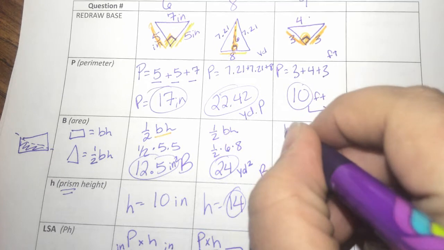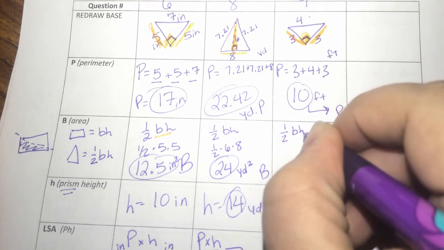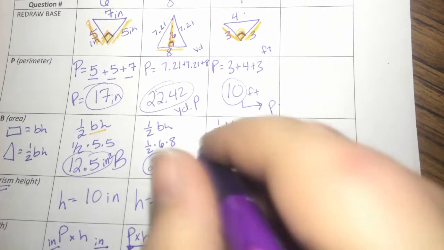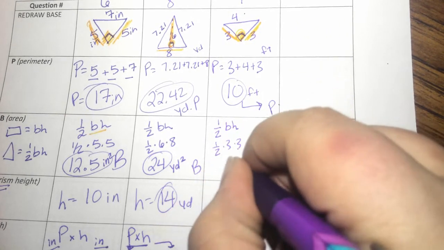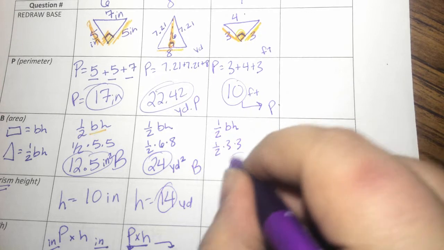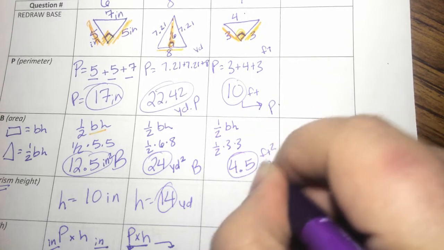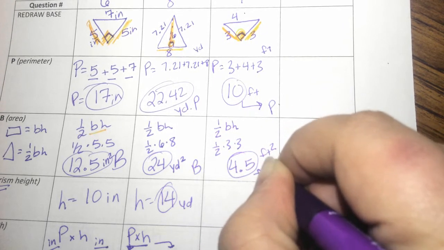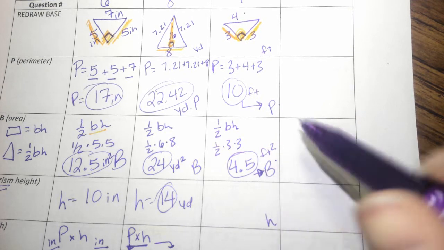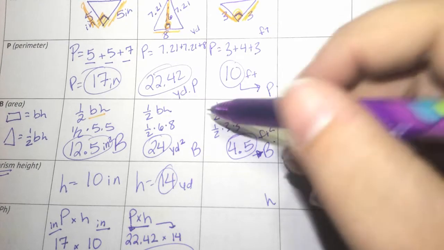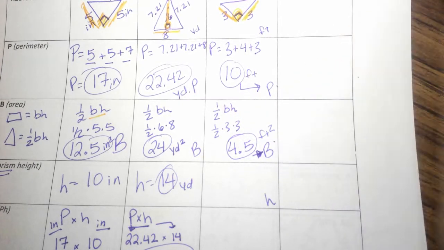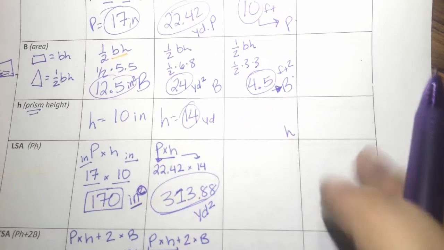So the formula is half times those numbers, or 1/2 times 3 times 3, or 4.5. That would be feet squared for capital B. Because capital B measures the area of a 2D shape, the space it takes up, the feet are squared. 3 feet times 3 feet, feet squared.